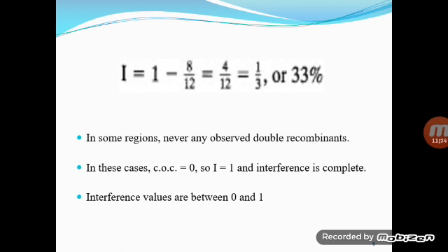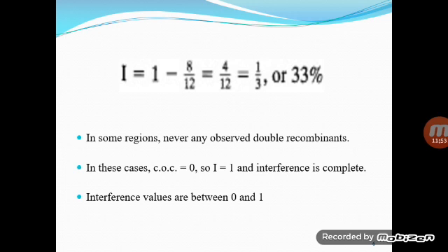In our example, interference is equal to 1 minus 8 over 12. The 8 is the observed frequency, or observed number of the double recombinants, divided by 12. 12 was the expected number of double recombinants.